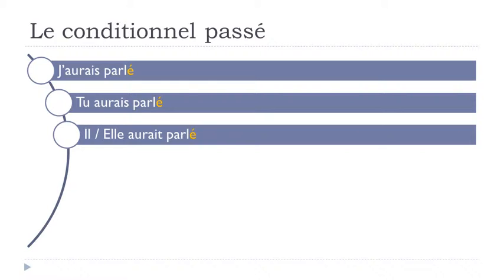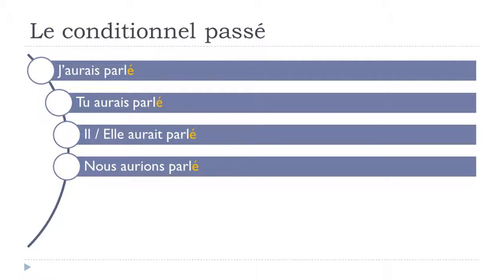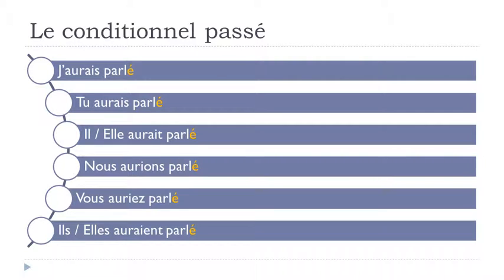Elle aurait parlé. Nous aurions parlé. Vous auriez parlé. Ils auraient parlé. Elles auraient parlé. Okay, so I wanted to put this in another color just to tell you that if you've got a normal structure like that, so you've got the subject and then you've got the verb, nothing in between, so subject, verb, then if you use avoir, exactly the same rule as we saw for the passé composé, so if you use avoir here, you won't have to modify your participe passé.